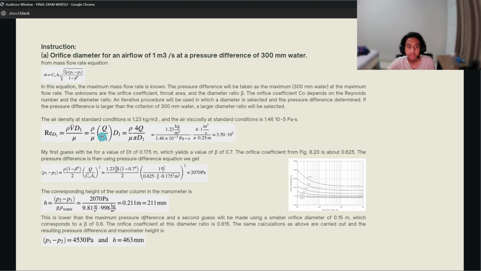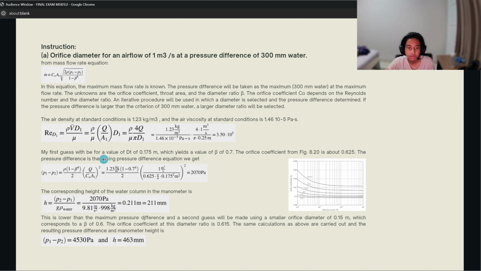The air density at standard condition is 1.23 and the viscosity is 1.46. We input these into the Reynolds number equation, and we get 3.5 times 10^5.